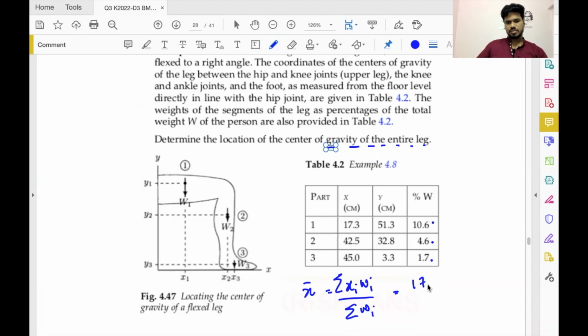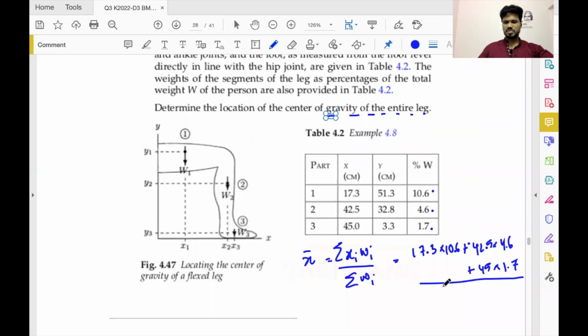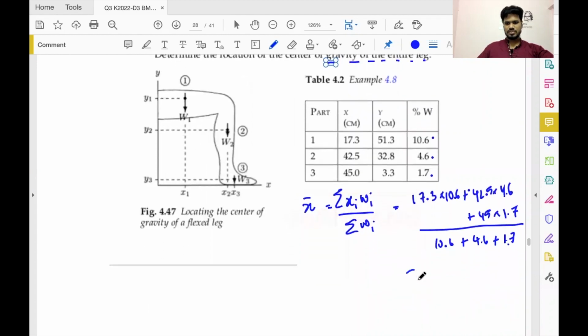Let me do this: 17.3 into 10.6 plus 42.5 into 4.6 plus 45 into 1.7, divided by 10.6 plus 4.6 plus 1.7. Notice you can have a factor of W there, but it will get cancelled anyways. What do you get for this? So quickly do what is y bar.